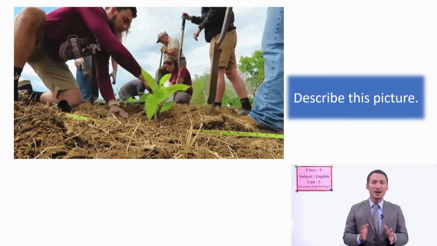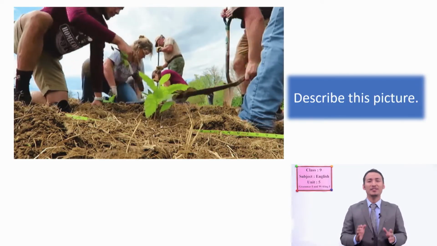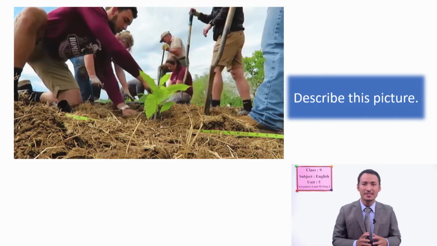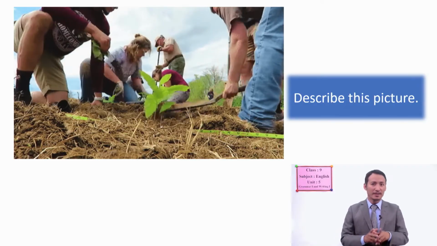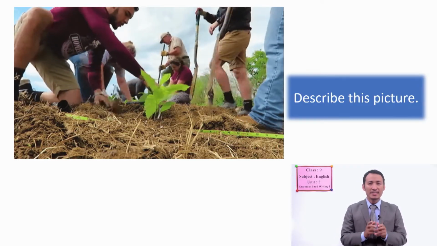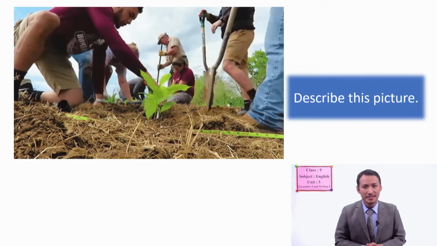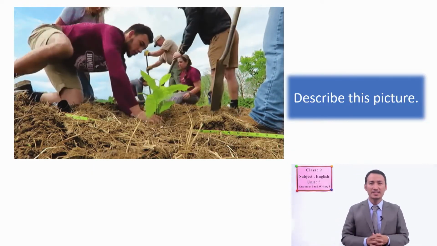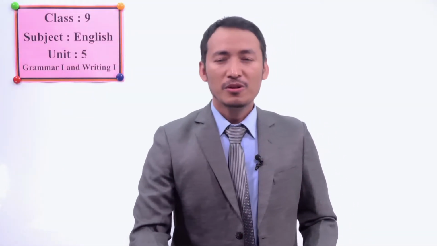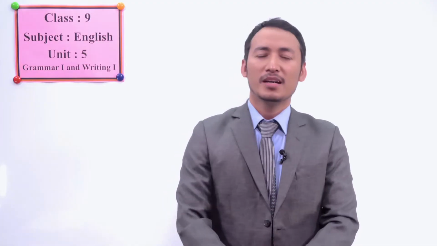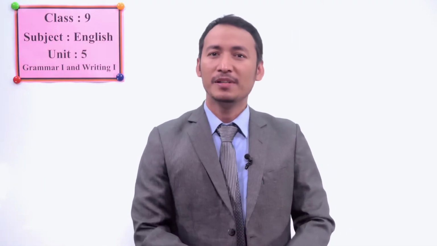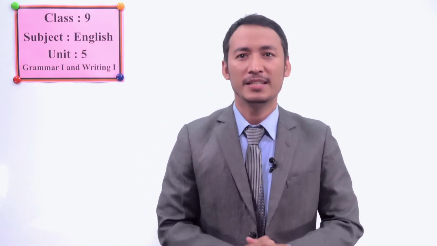Okay students, now we are going to talk about similar things in our today's lesson in the first part. As I have already mentioned, that is tense, present tense. Let me show you the text here. What is here? Once you read this text, you will find out what we are going to read.